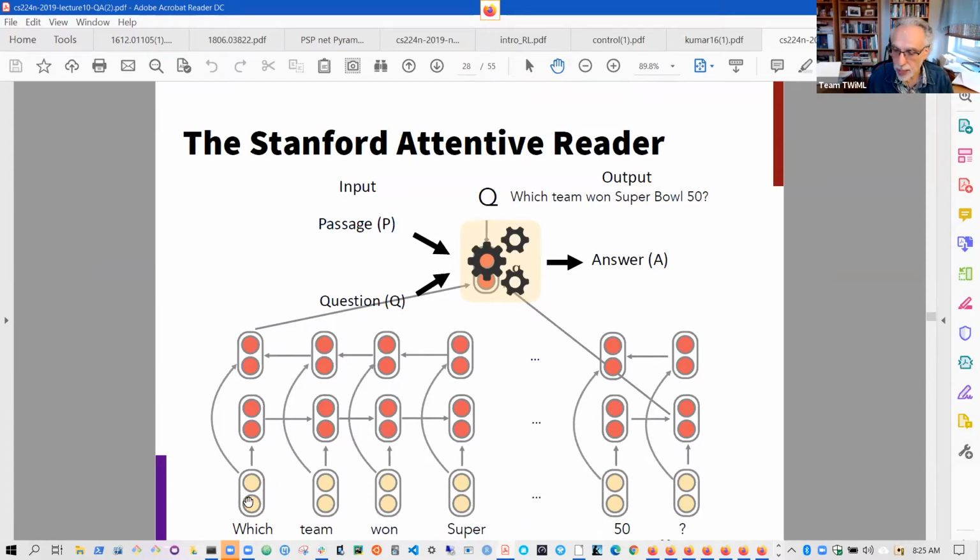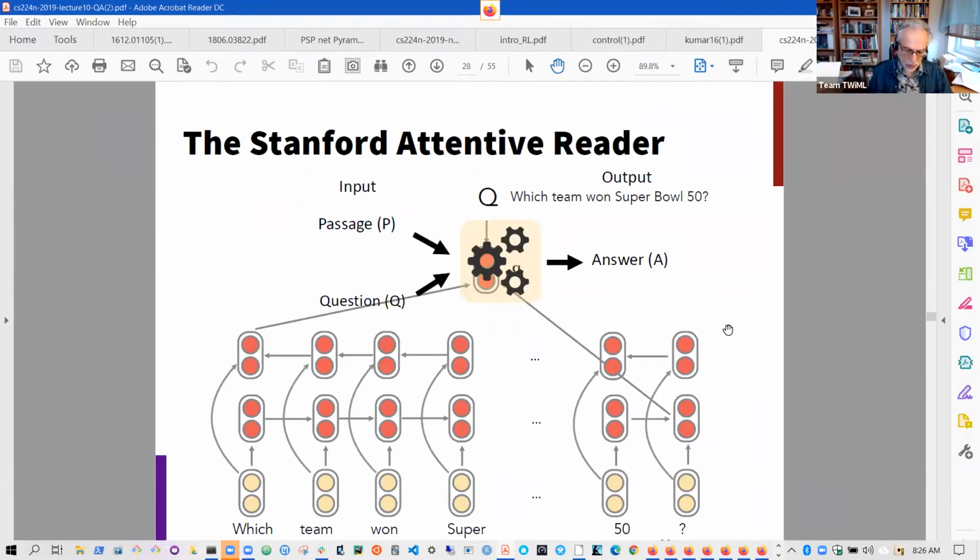The words of the question are encoded and fed into these LSTM networks, just as we've seen before. And they do the same thing for the whole passage. They encode the whole passage this way too, by inputting all the words into this bidirectional LSTM. And then I guess the final hidden state comes out and goes into this piece here that selects which part of the passage should give the answer, and then the answer comes out.